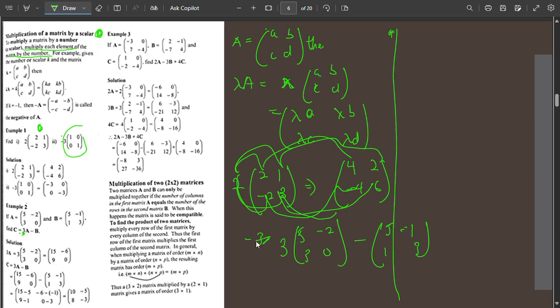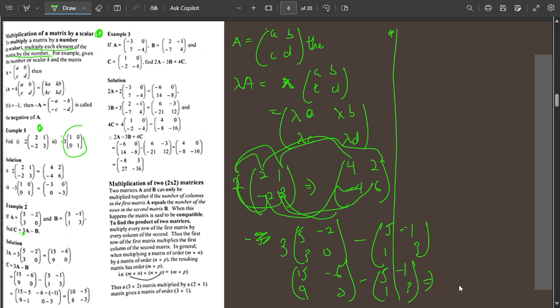Let's try and calculate this. 5 times this is 15. 3 times this is minus 6. 3 times 3 is 9. And 3 times 0 is 0. Then we'll subtract 5, minus 1, 1, and 3.